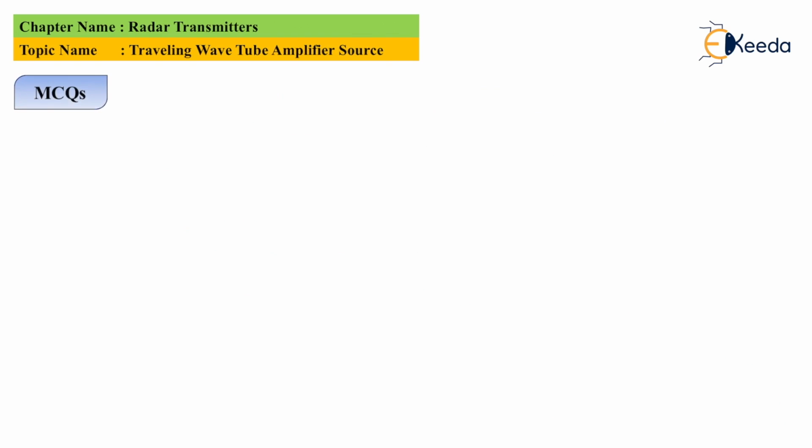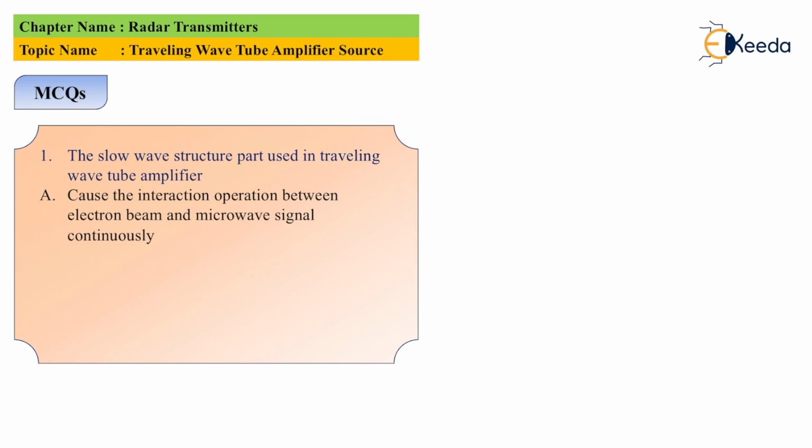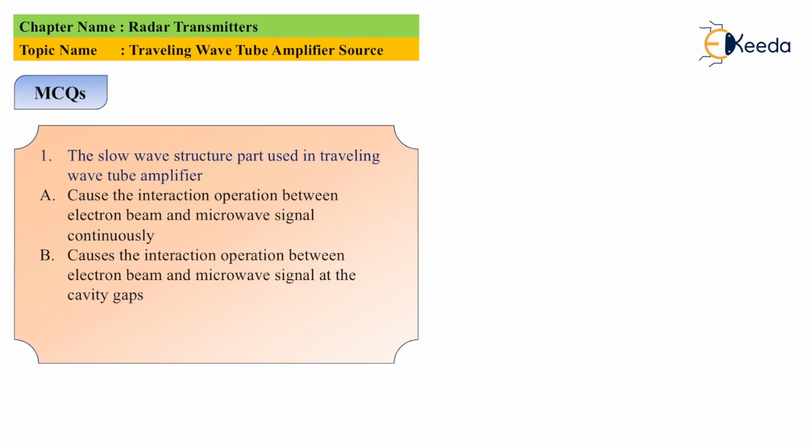The first question is, the slow wave structure used in the traveling wave tube amplifier. Options are: A, causes the interaction between electron beam and microwave signal continuously. Option B, causes the interaction between electron beam and microwave signal at the cavity gap. Option C, is used to attenuate the microwave signal. And option D, is used to filter the electron beam.